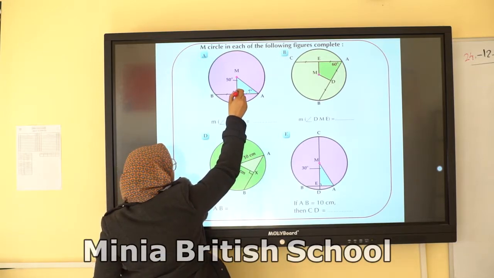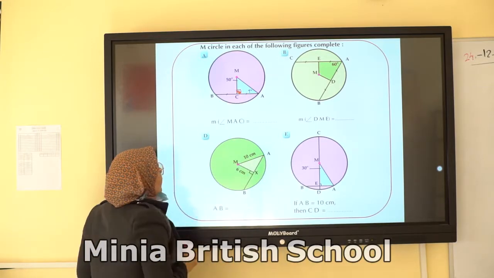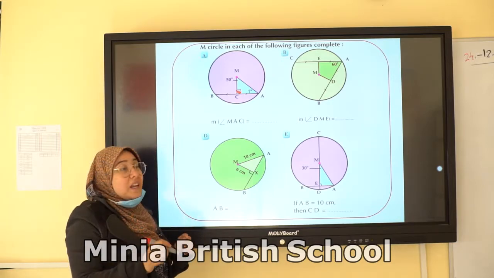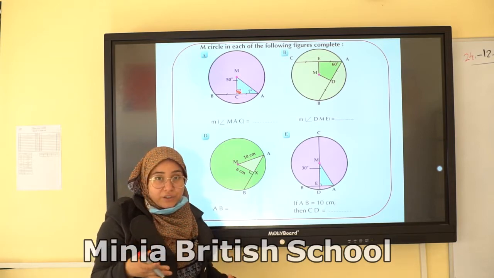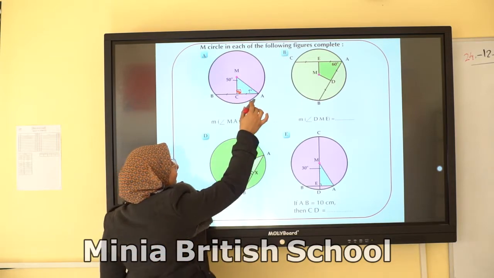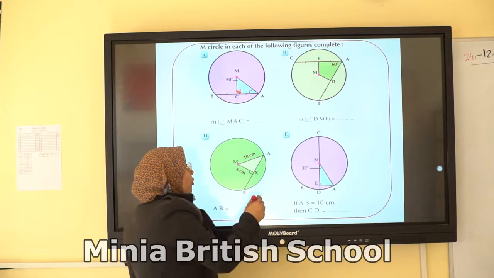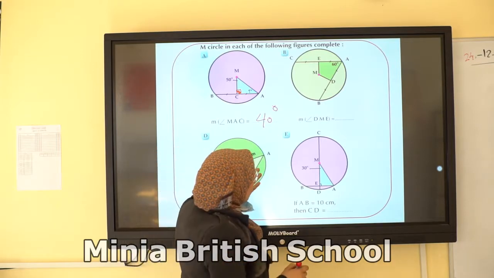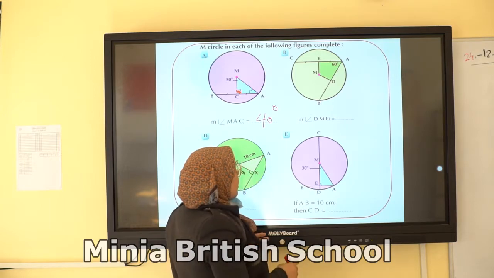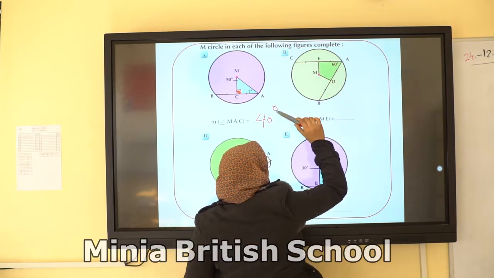Since the measure of angle CMA equals 50 degrees, therefore the measure of angle A equals 40. But number B, the measure of angle A equals 60.